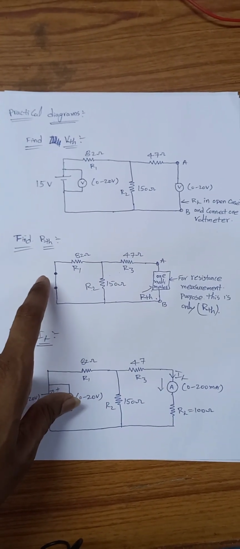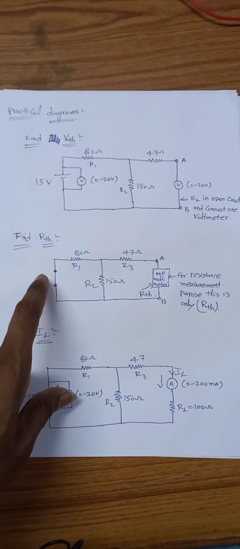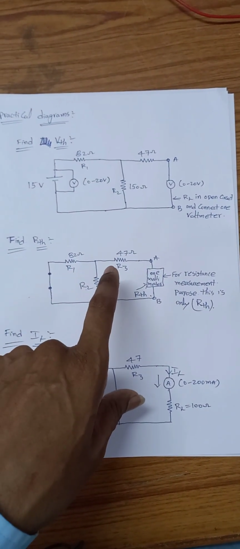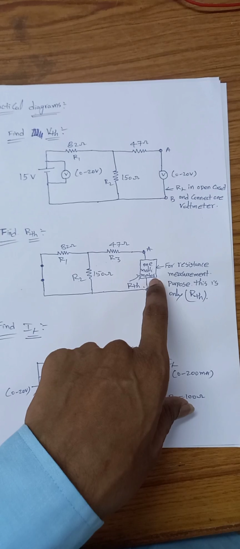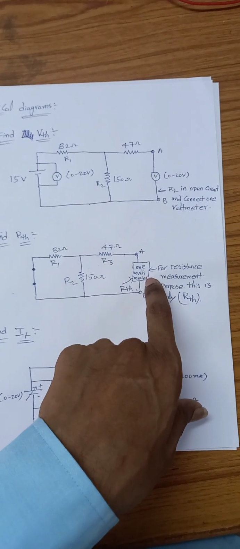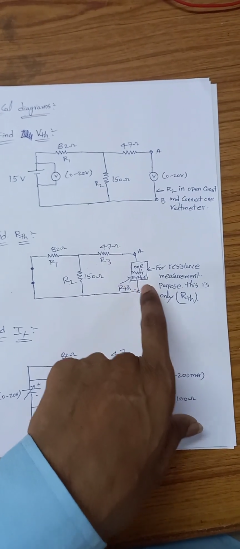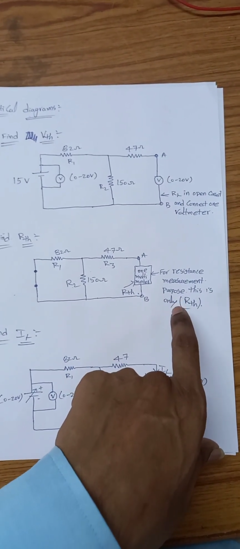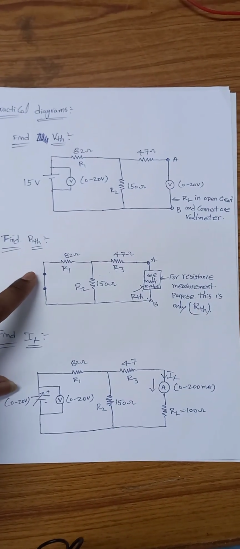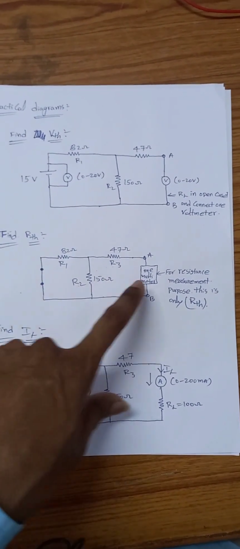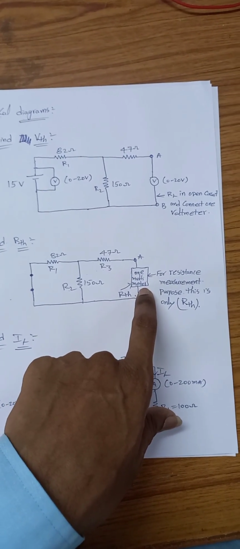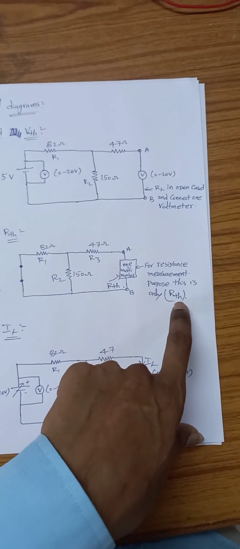So here according to the condition, the voltage source I have short circuited, and where we need to find the Thevenin resistance, in that case I am going to take one multimeter. By using that multimeter I am going to measure the R Thevenin resistance simply. So it means the source voltage I will short circuit and take one multimeter. In that multimeter I will take a resistance reading, the R Thevenin resistance.